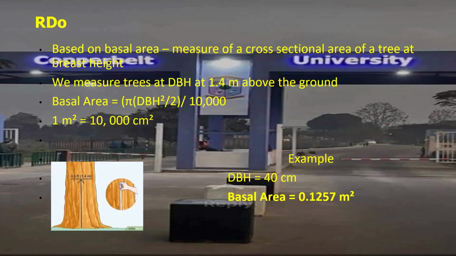So again, you're going to get the basal area. Assuming, in our example, that species A had 4, species B had 3, and species C had 4 as well.